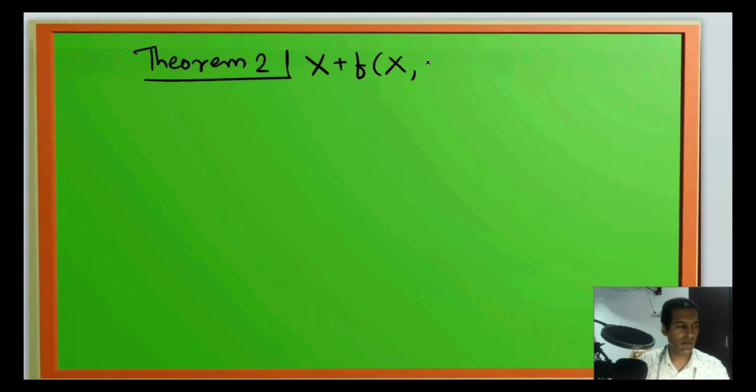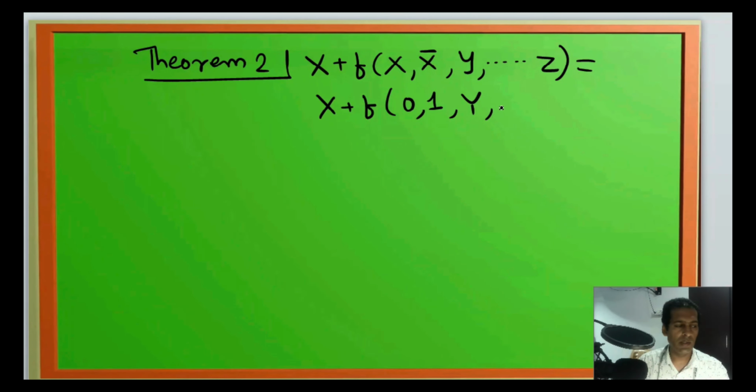Theorem 2 says that x plus function of x comma x bar comma y, up to some z, is equal to x plus f of 0 comma 1 comma y comma some z.